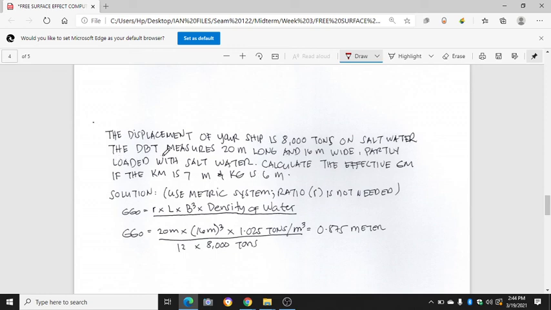The double bottom tank measures 20 meters long and 16 meters wide, partly loaded with salt water. Partly loaded means this is a slack tank.